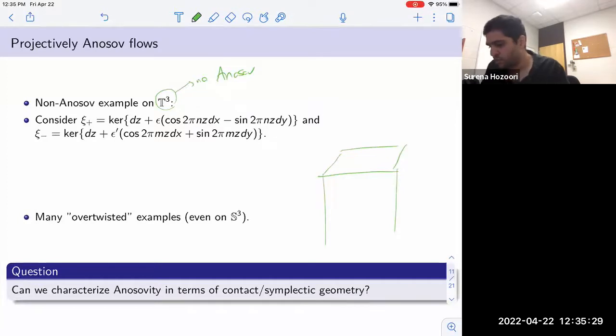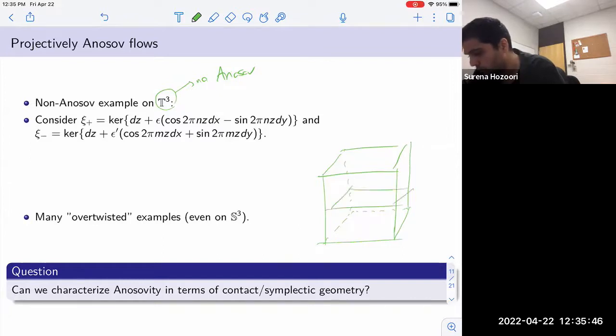So if you look at these two contact structures, C plus and C minus, probably you've seen these before. These are the tight contact structures on the torus, and you can think of them as a perturbation of the horizontal foliation defined by dz. So we're just perturbing this foliation into a positive and negative contact structure, and this epsilon here tells you basically the angle between this plane field and the horizontal foliation.